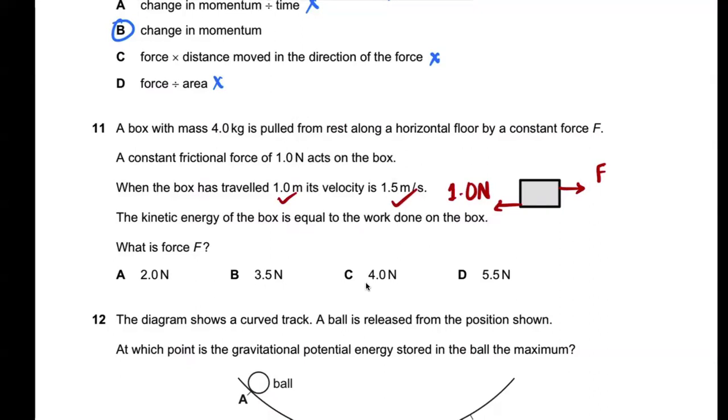So work done would obviously be by F, but there's also this 1 Newton force which is opposing it, right? So you can say that F minus 1, this is the resultant force which is doing work, and the formula for work is force times distance. So the distance is 1 meter, equals the kinetic energy, which is half into 4 into v squared, which is 1.5 squared, right? So then we just calculate this. So half times 4.